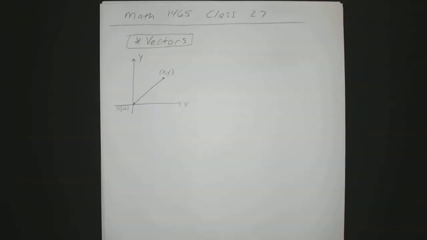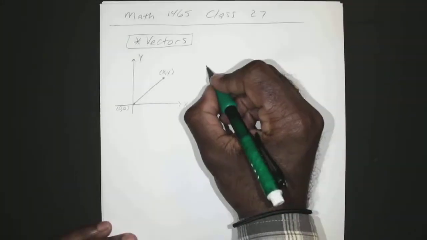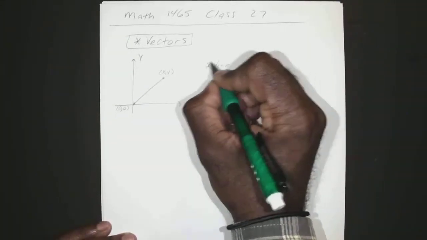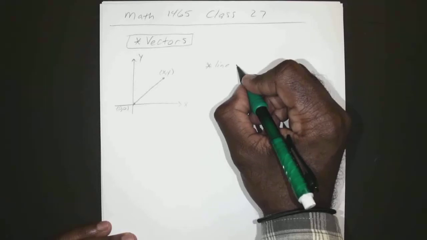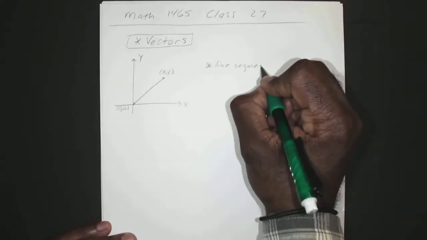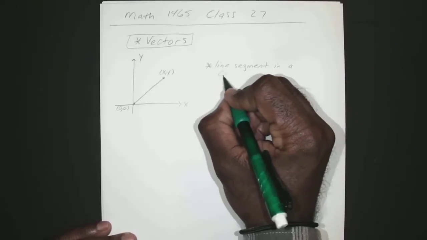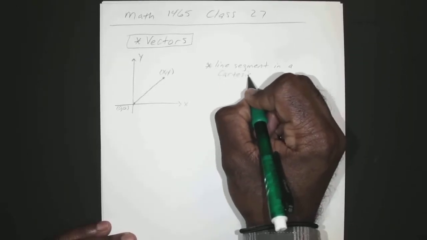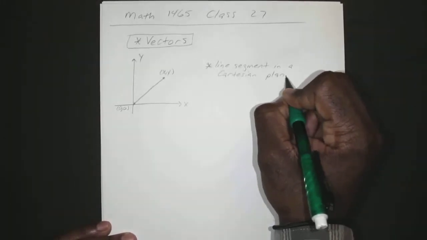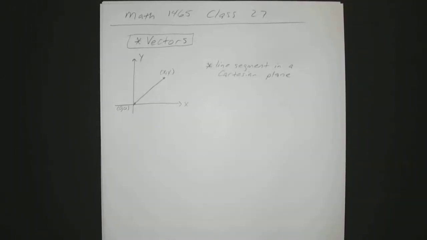Now this is just a basic line segment in a Cartesian plane, or basically just staying on an xy axis. Just cut off between there and there.